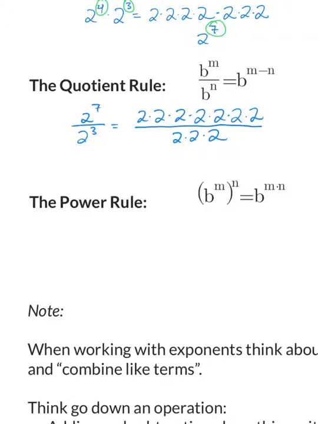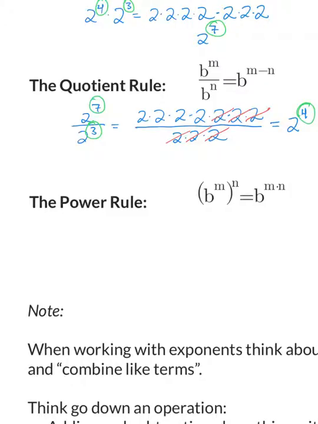And then now what can we do? Well, we can cancel out a total of 3. What does that leave me with? That leaves me with 2 to the 4th. How do we get that? From 7 and 3, we are going to subtract.